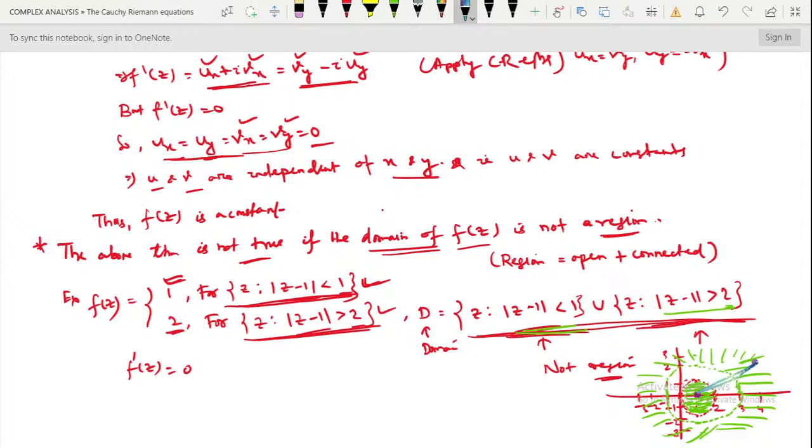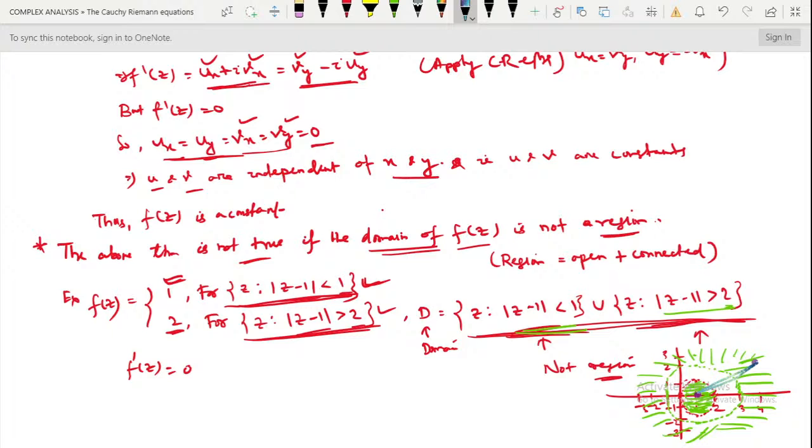So f of z is defined on something that is not a region. If f dash z is equal to 0 but the domain is not a region, then f of z is not a constant. f of z is 1 on this part of the domain and 2 on the other part, so you cannot say f of z is a constant.